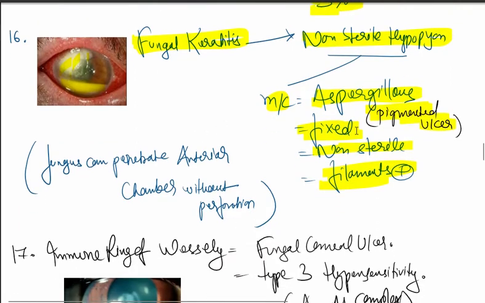It is fixed. आँखें हिलाने डुलाने से हिलता नहीं है यह. Fungal keratitis hypopyon is F, means fixed. Fungal keratitis hypopyon, if present, is fixed. So fungus can penetrate the anterior chamber without perforation. अंदर तो घुस गया लेकिन फोड़ नहीं दिया है. Okay. Next one.